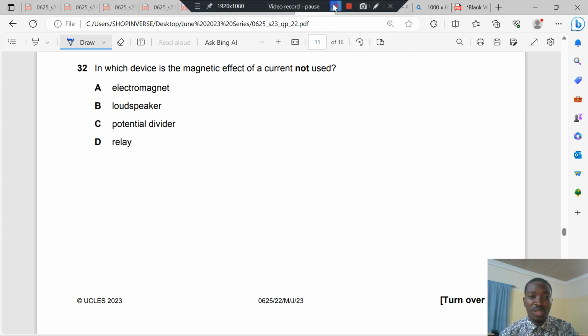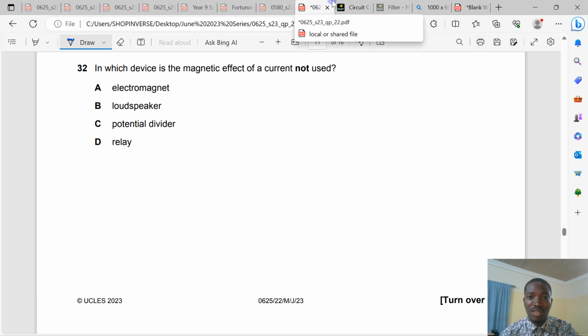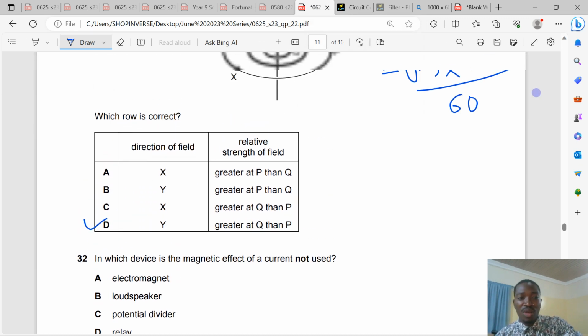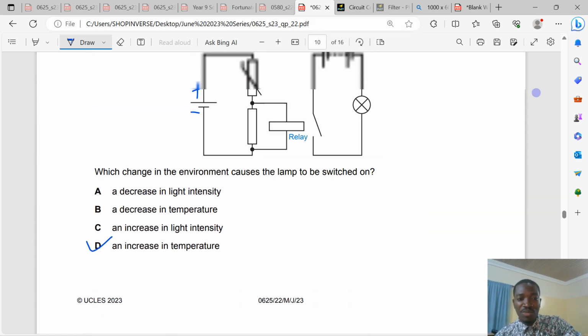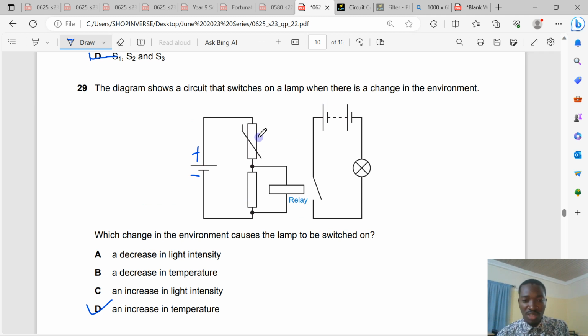Yes. As for the potential divider, just as I explained concerning the potential divider, you will have voltage, and the voltage will be higher when the resistance is high and lower when the resistance is low. This is just a simple illustration of a potential divider. Let's assume this was a pure resistance and not a temperature dependent resistor.